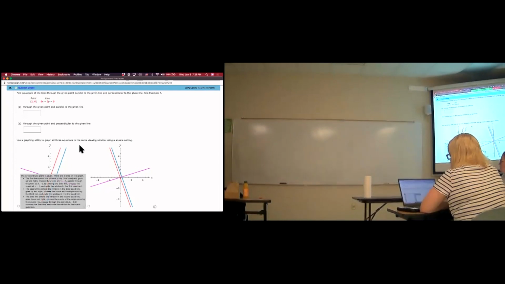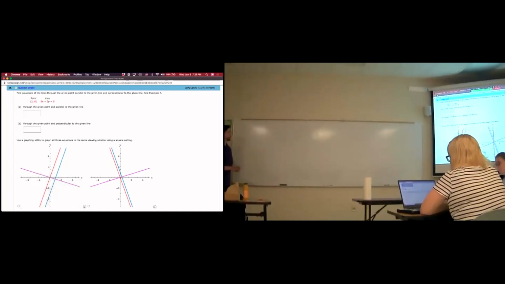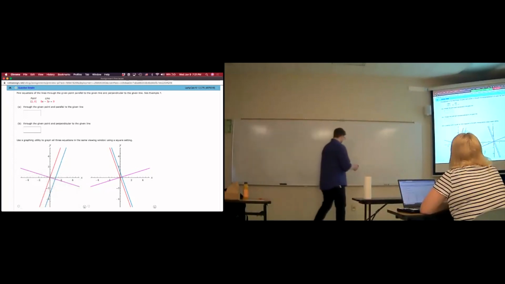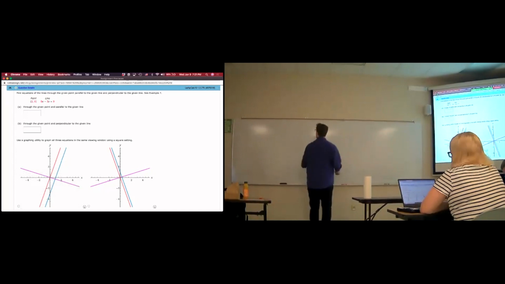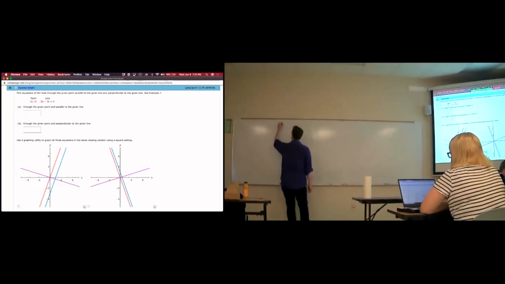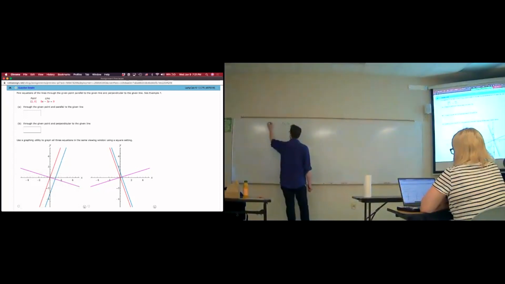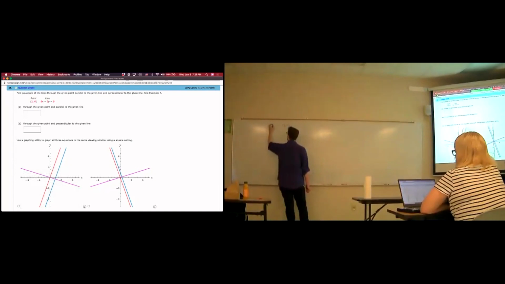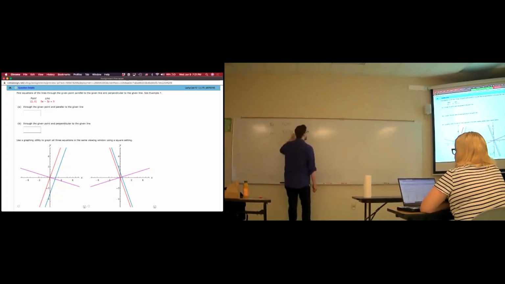Well, let's run through this problem first. Let me write down what I have. We got the point 2, 0. We've got the line 9x minus 3y is equal to 9.